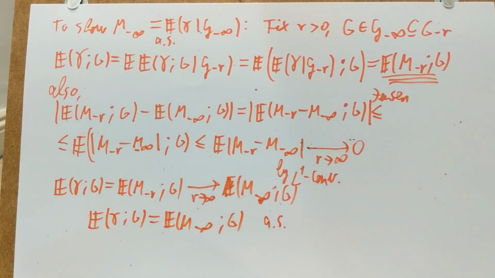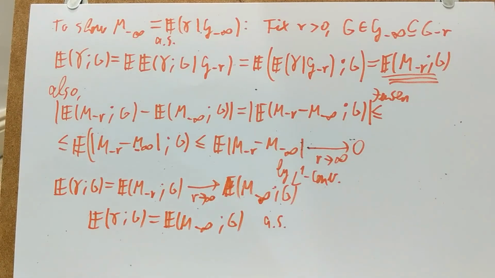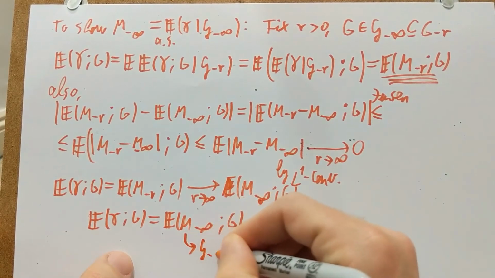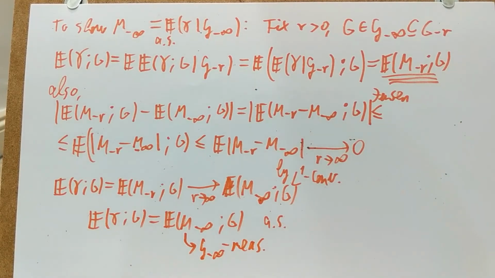Okay, and we're done, because what did we want to show? We wanted to show that M_{-∞} is the conditional expectation of gamma given G_{-∞}. M_{-∞} is clearly G_{-∞} measurable, because it's a limit of variables in the G_{-r}'s.